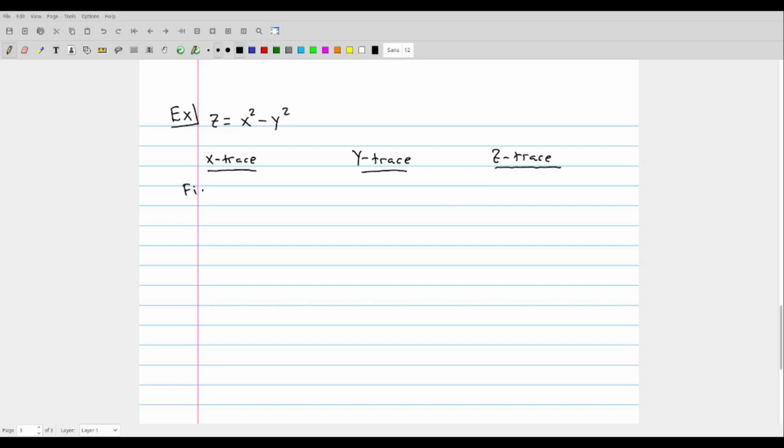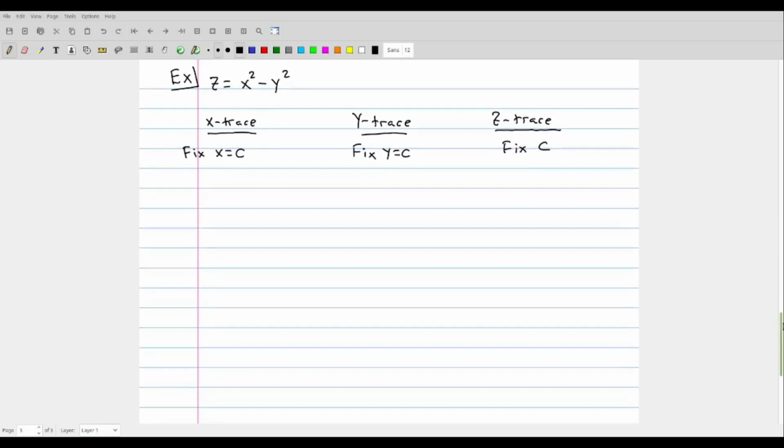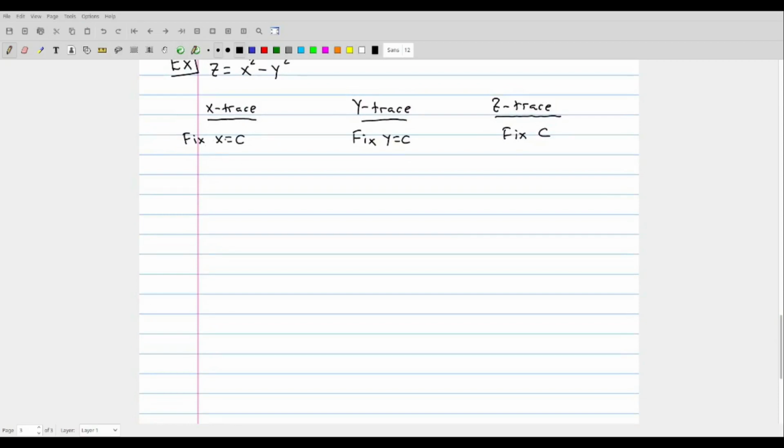For the x trace, we're fixing values of x. For the y trace, we're fixing values of y. And for the z trace, we're fixing values of c. When we fix values of x, we get the relationship z is equal to c squared minus y squared.